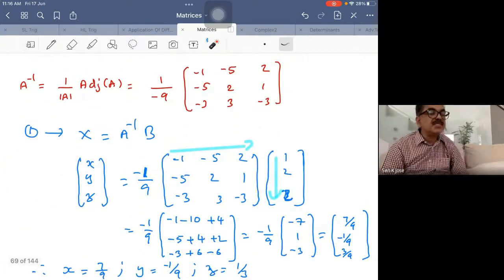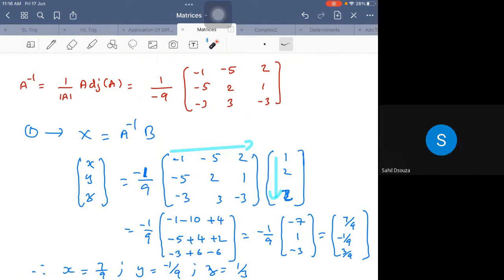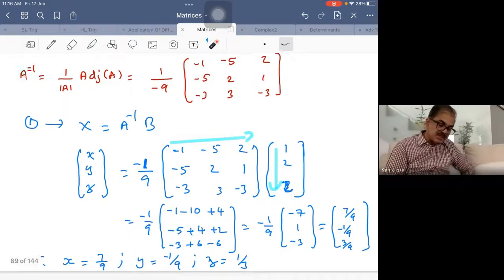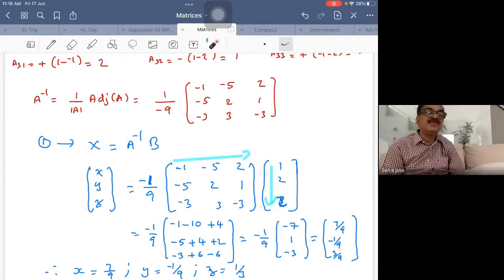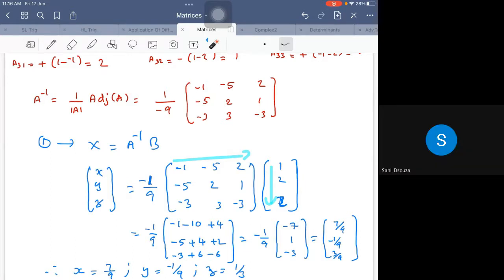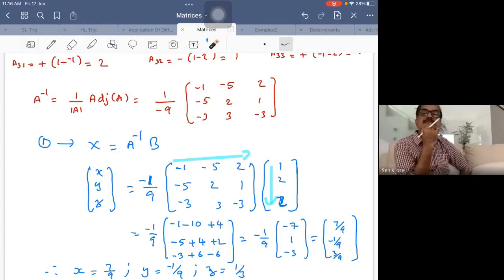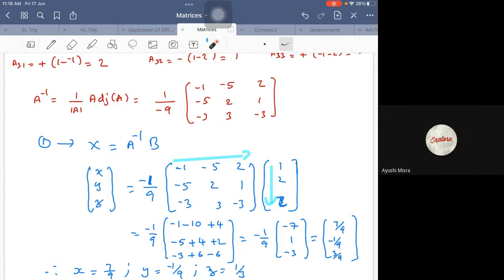Sahil, did you get the answer? I'm still doing it. Okay, where did you reach, Sahil? I'm just doing the multiplication now. Okay. You need to tell me if you are not able to understand something there. Sahil? I understood. At this point, I understood. That's it. Okay. Aishi? Understood, sir. I got the answer. Okay. Reina?